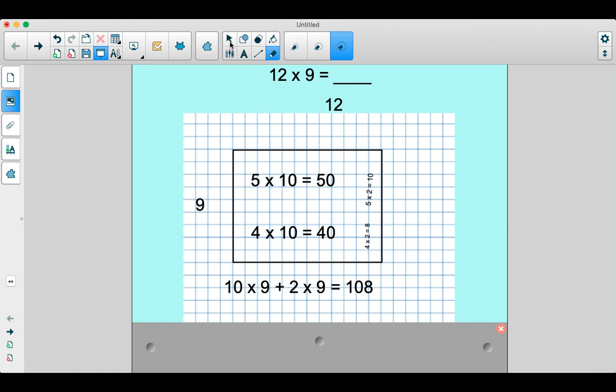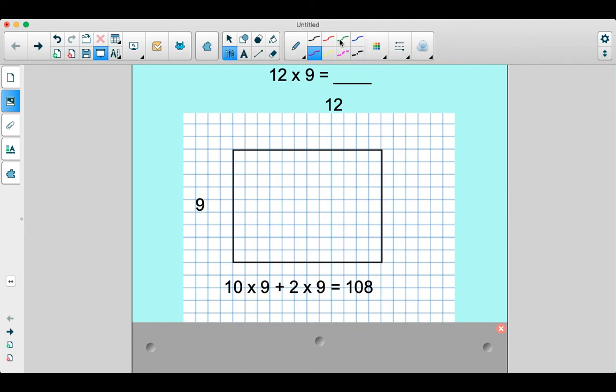You can just kind of look at breaking apart numbers and look at different strategies that other people in your class are using. Okay, so I'm going to take another guess. Let's see. Maybe you decided, ooh, I know. Maybe some of you are like, I know I could break up my 9 into a 3 and another 3.